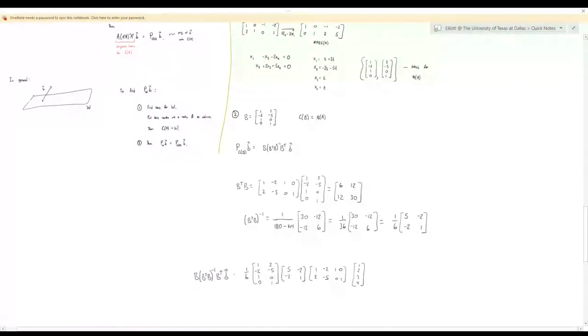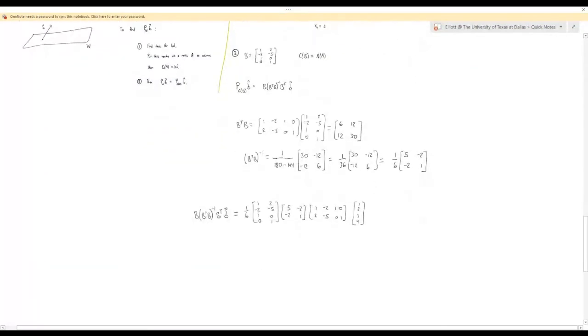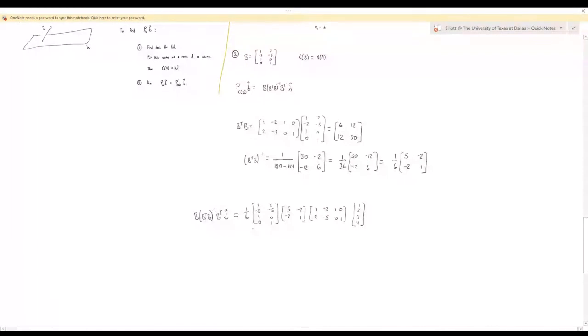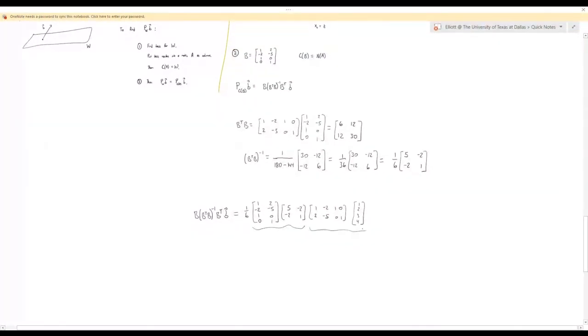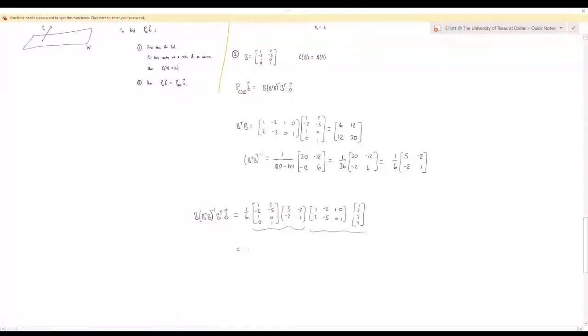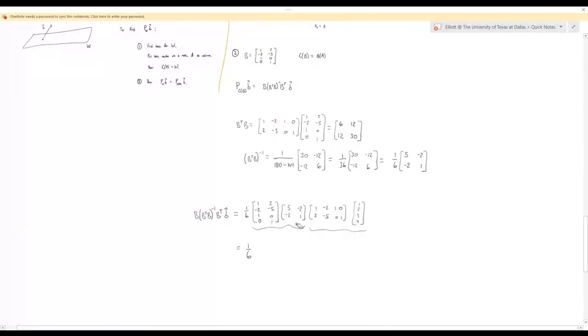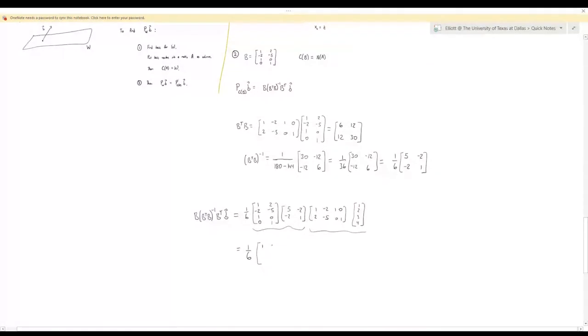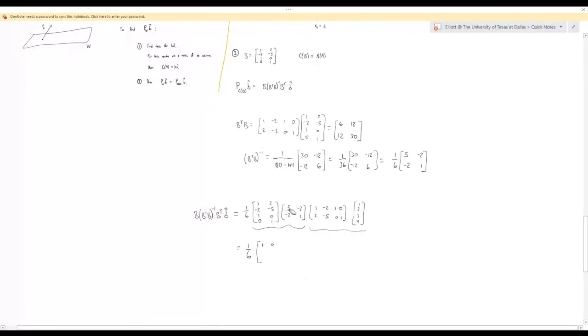Okay. So let's see here. Let me multiply these two together, and let me multiply these two together. So if we multiply these two first, it'll be 5 minus 4, negative 2 plus 2, negative 10 plus 10, 4 minus 5, 5, negative 2, negative 2, 1.